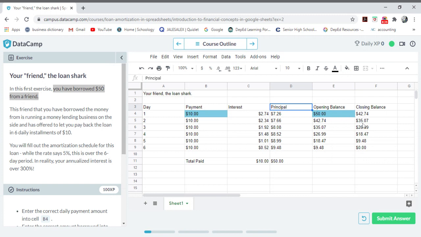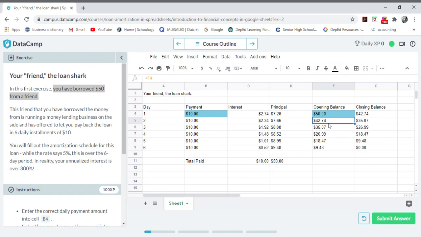So we have here again 7.66 because $10 minus 2.34 is equal to 7.66. $10 minus 1.92 is equal to $8.08. And we also have here 42.74.